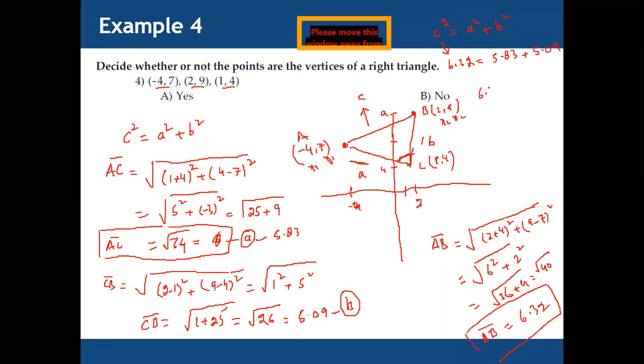So 6.32, and if we add these two, 5.83 plus 5.09 equal to 10.92. So both are not equal.